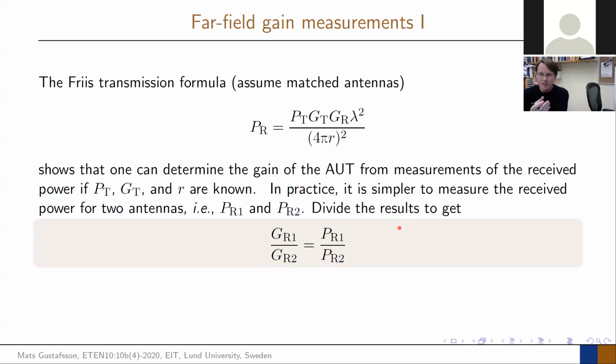So what's done instead is that we do two measurements. First you measure with a known antenna. Let's say I would like to determine the gain of this patch antenna, like the one that you have built.